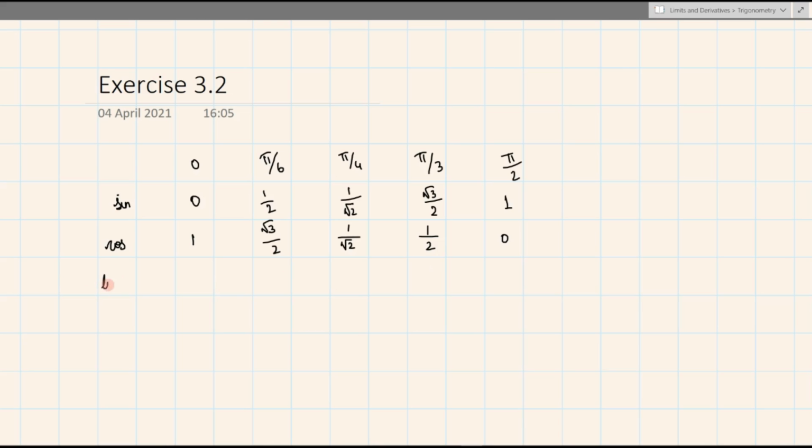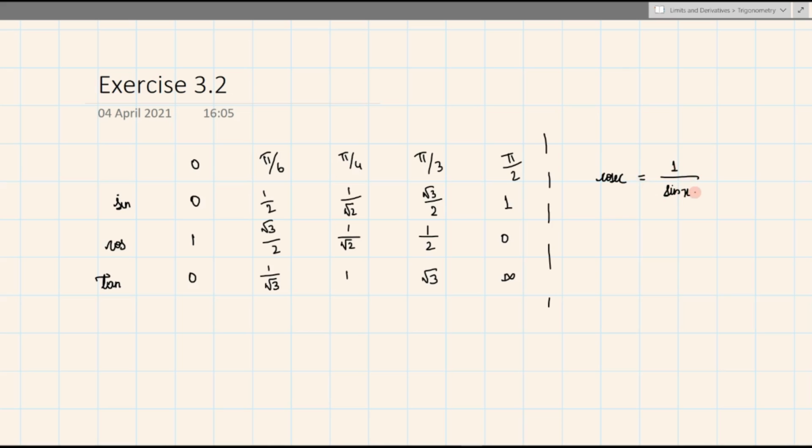Now we'll have tan 0 is 0, tan 30 is 1 by root 3, tan 45 is 1, tan 60 is root 3, and tan 90 is infinity or cannot be determined. So the other three functions are cosecant, which is nothing but 1 by sine.